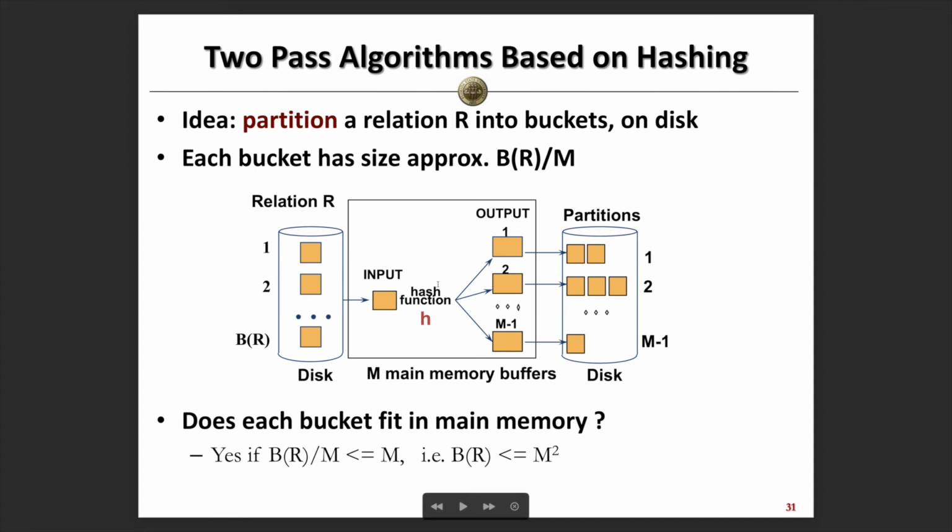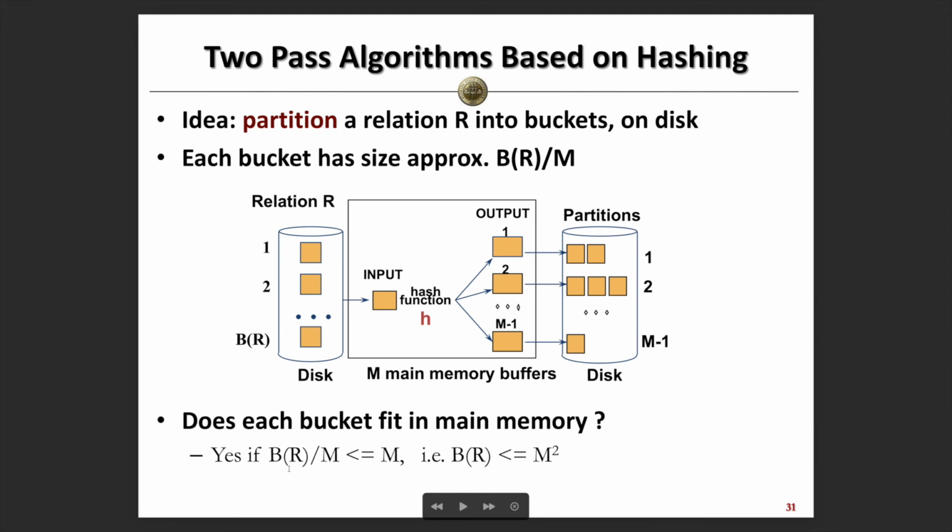So based on this hash function, we will be able to partition the relation into buckets, right? And we can also ensure that for each bucket, the size is approximately BR over M, right? Of course, for different buckets, the number of blocks we store in them will be different. Some can be more, some can be less, right? However, here we have a requirement. We need to ensure we can store each bucket in the memory, because later on we have to load this bucket into the memory. Therefore, we have one constraint.